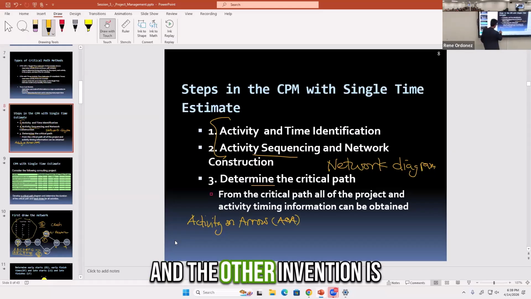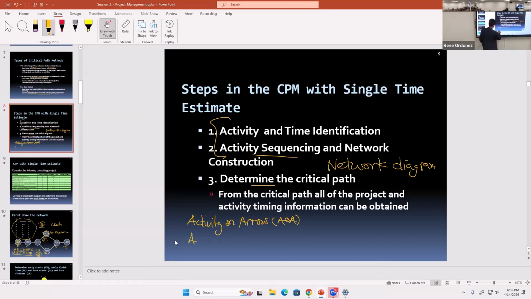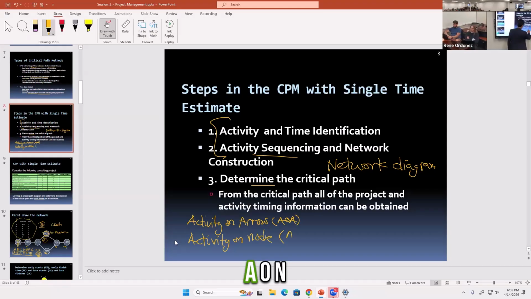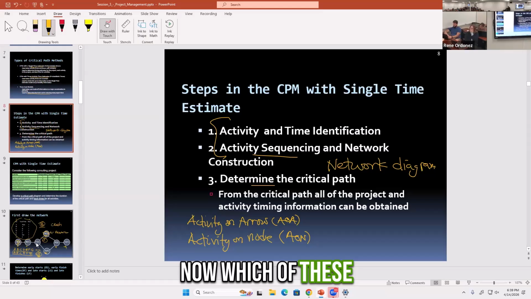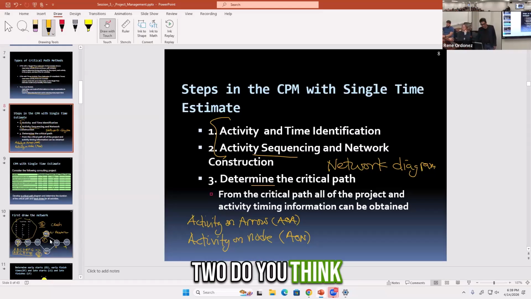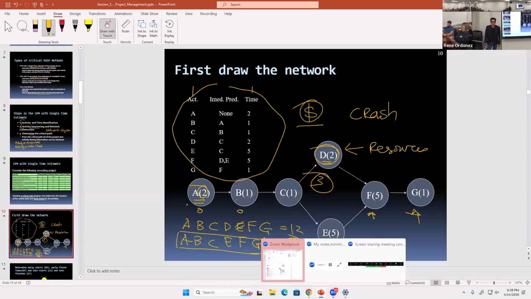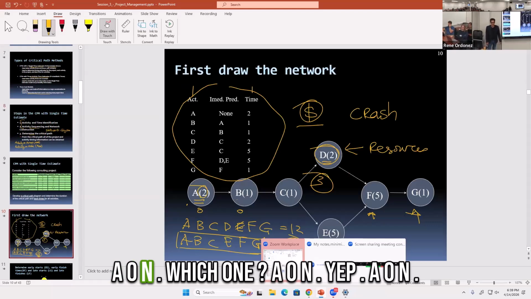And the other convention is activity on node. Okay, AON. Now, which of these 2 do you think this is? AON. Yep, AON.